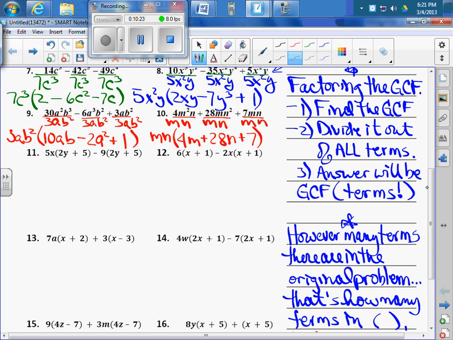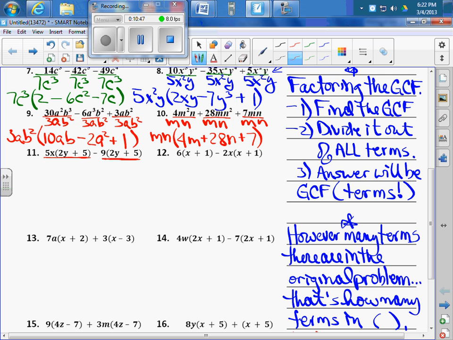Look at number 11. Isn't 2y plus 5 being taken times 5x? That makes the 2y plus 5 a factor. And isn't 2y plus 5 in this parentheses being taken times 9? Or in this case, negative 9. So that means that 2y plus 5 is a common factor.